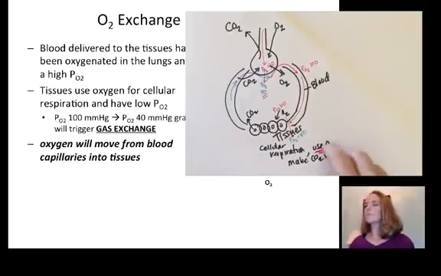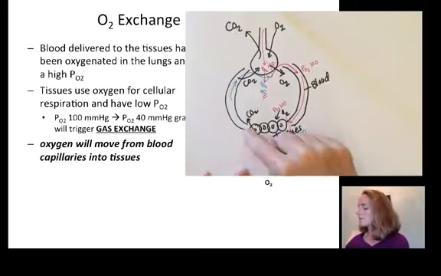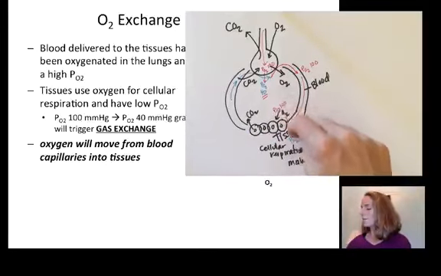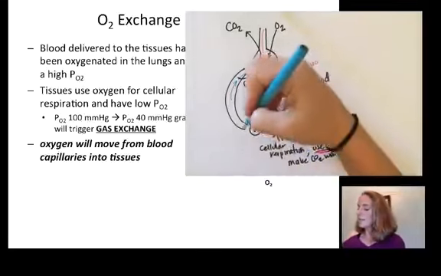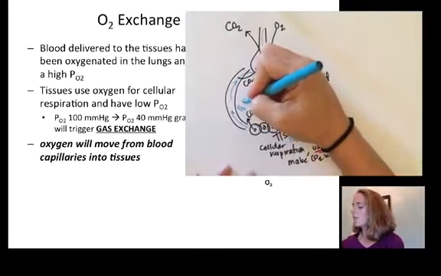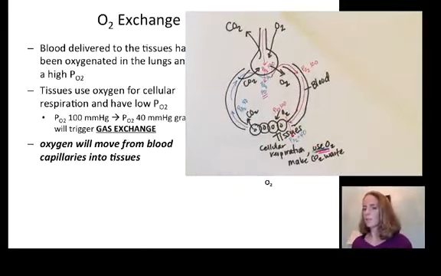It gets used through the process of cellular respiration, so the PO2 in the tissues goes back down, and now the blood leaving the tissues has a PO2 of 40 because it just got used during cellular respiration.